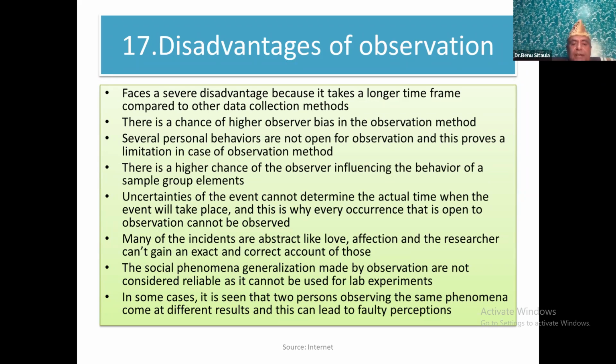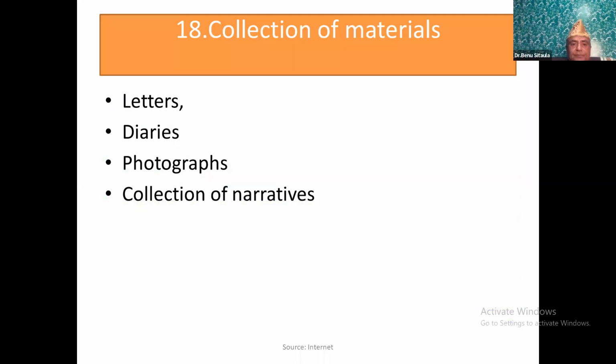Social phenomena generalizations made by observation are not considered reliable as they cannot be used for lab experiments. In some cases, two persons observing the same phenomena come to different results because one person observed from one point of view and another from another point of view. So that may be the difference.